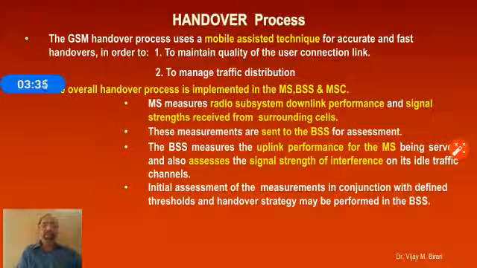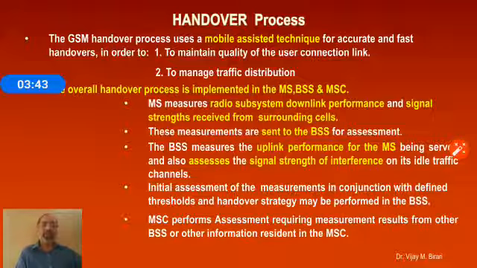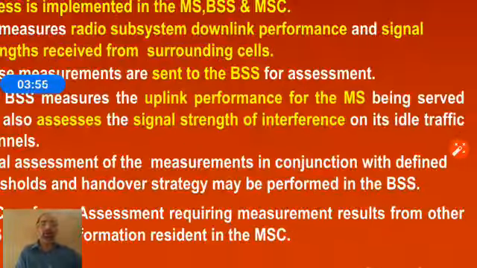After initial assessment of the measurements in conjunction with the defined threshold, the handover strategy may be performed in the BSS. The MSC performs assessments requiring measurement results from either the BSS or from information received from a neighbor or another MSC.